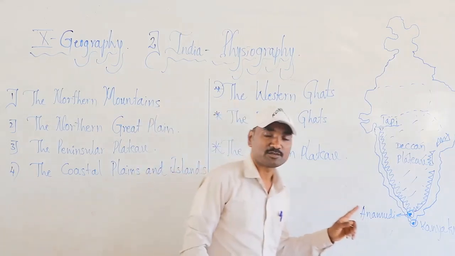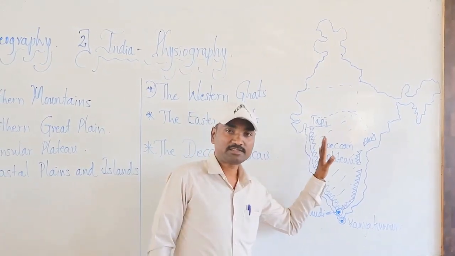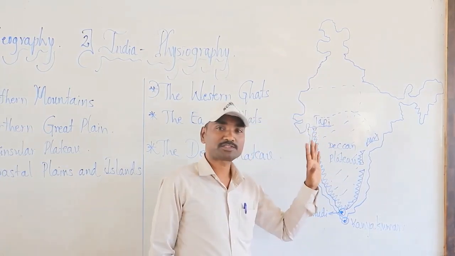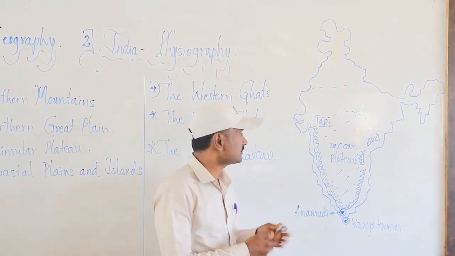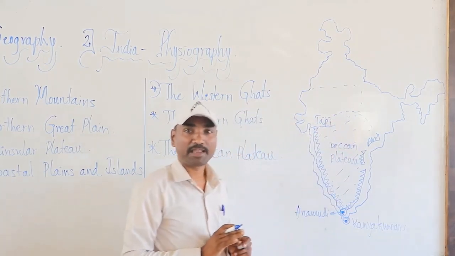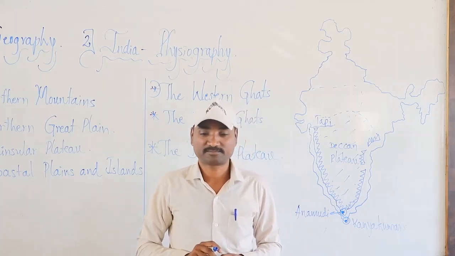This black soil is used for agriculture. This plateau's height is more, so the Western Ghats obstruct these rain-bearing winds. This part will get the heaviest rainfall, and here is black soil. This black soil is suitable for cultivation.